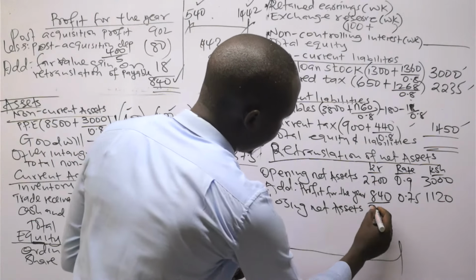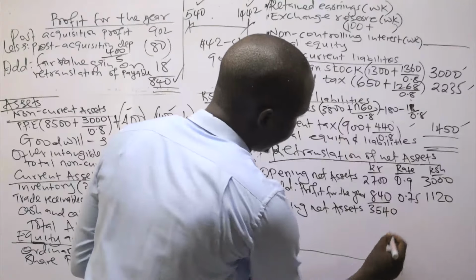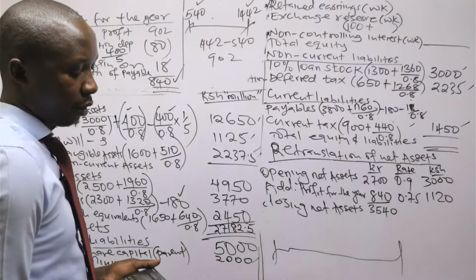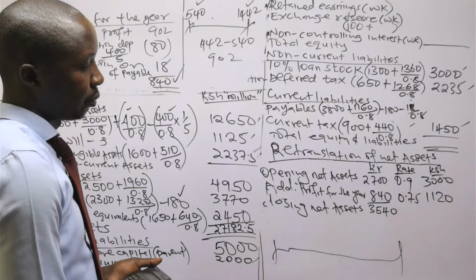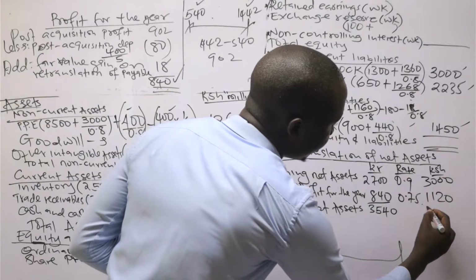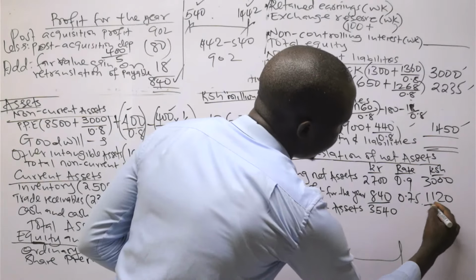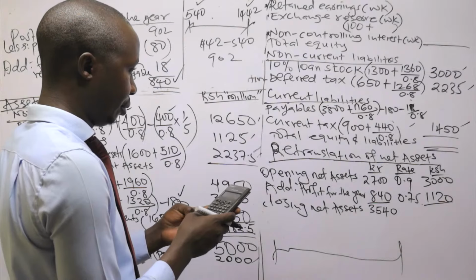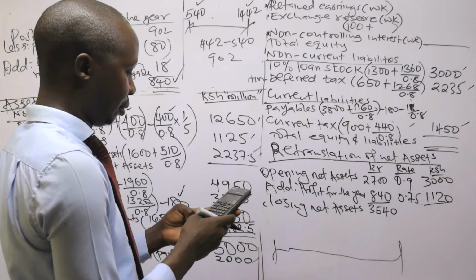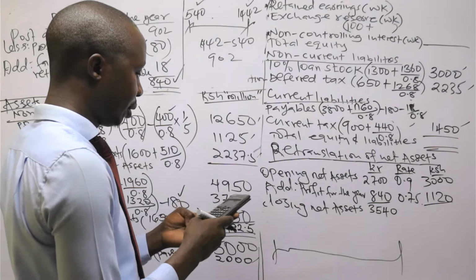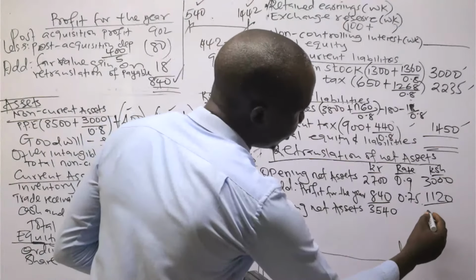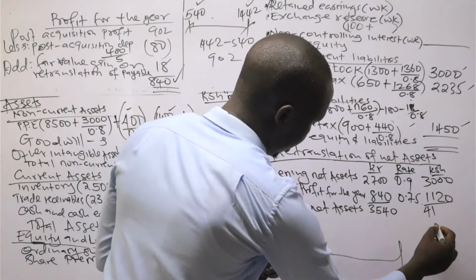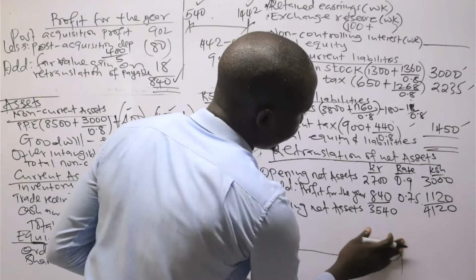So you get 3540, of which here we have 3000 plus 1120. We have 4120.